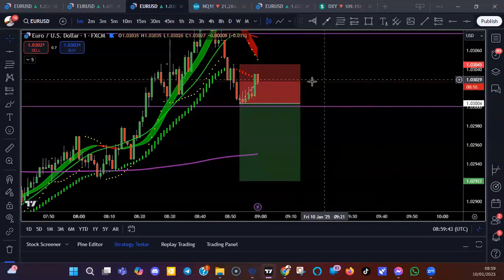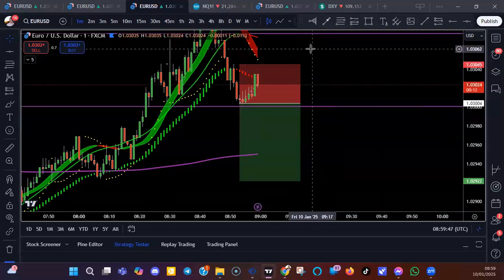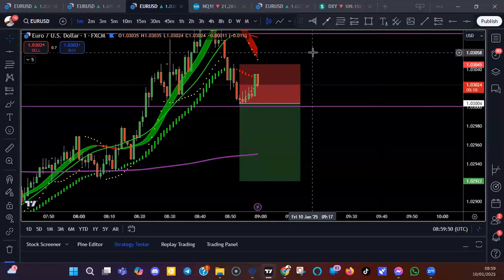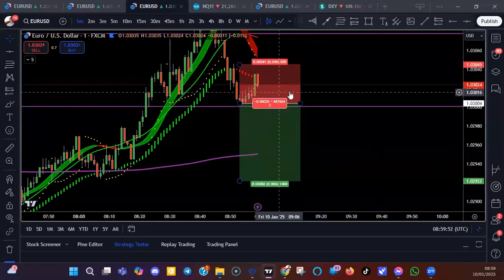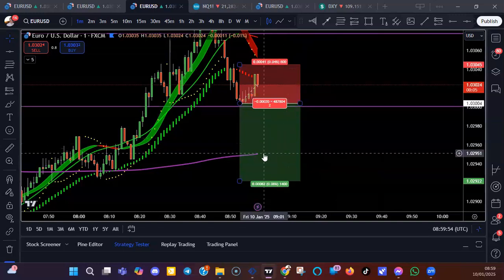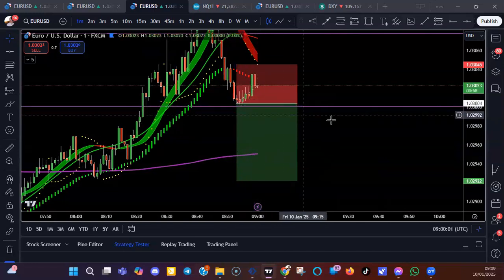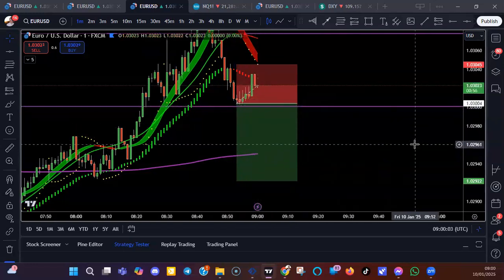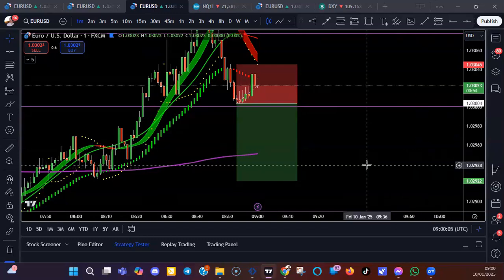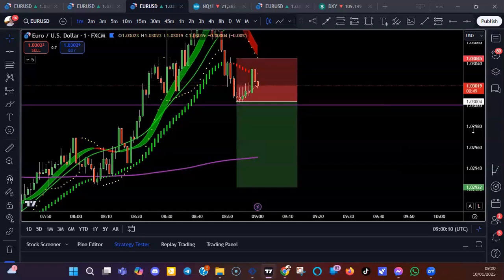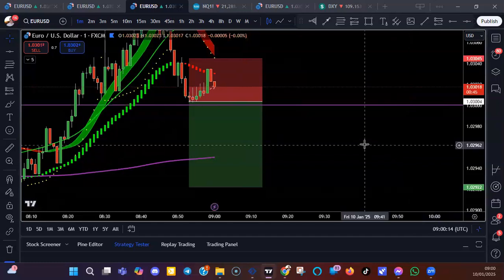This may obviously go and take me out for a 1% loss, no big deal, or we could see sideways movement, or we could come down to this area. And me personally, if we do get down to this area, I'll be putting my stop loss to my entry. But we're at 9 o'clock now, and I could effectively be here another long time waiting for this to go to its conclusion.